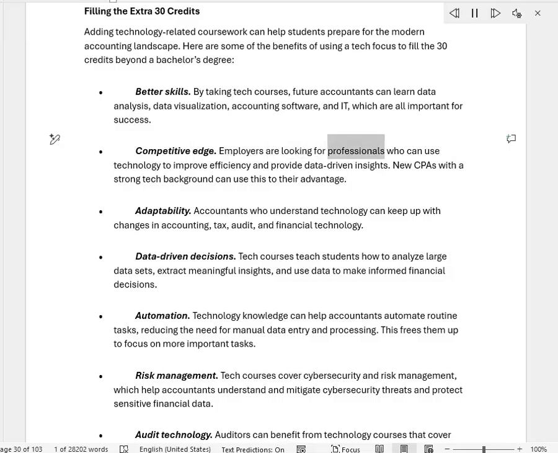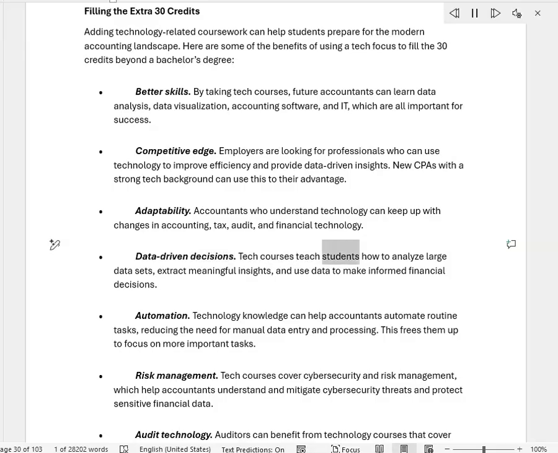Competitive edge. Employers are looking for professionals who can use technology to improve efficiency and provide data-driven insights. New CPAs with a strong tech background can use this to their advantage. Adaptability. Accountants who understand technology can keep up with changes in accounting, tax, audit, and financial technology. Data-driven decisions.